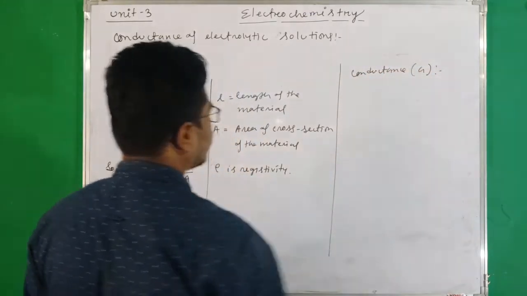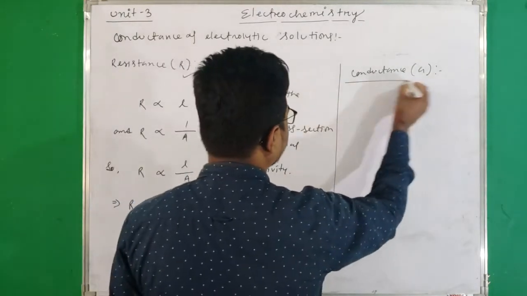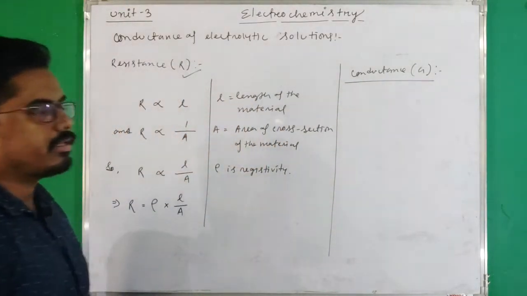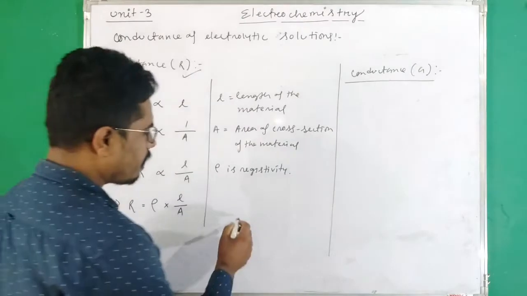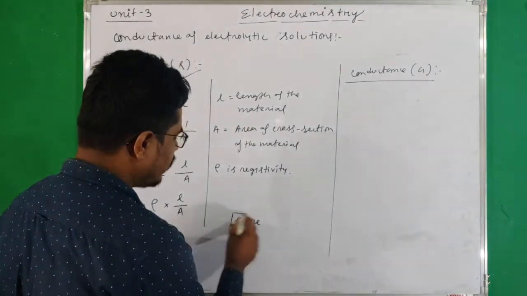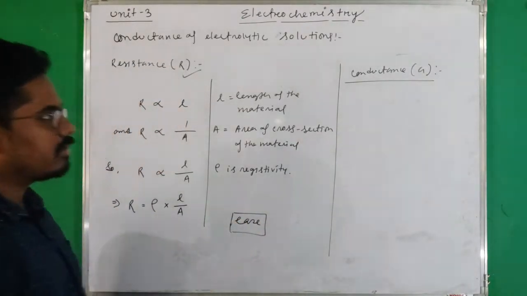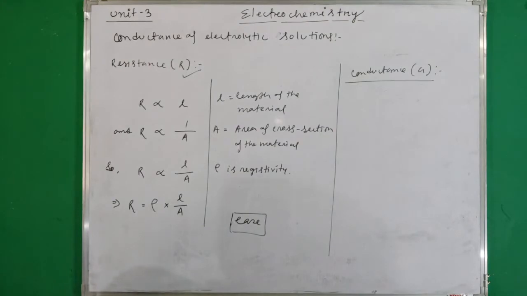Now we have to discuss conductance, and conductance is represented by G, and it is the opposite of resistance, and it is defined as the ease with which electricity or current is passed through any material.